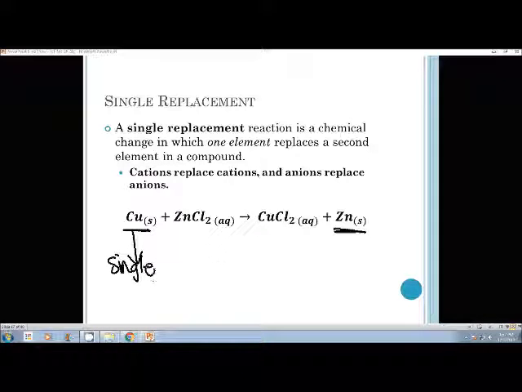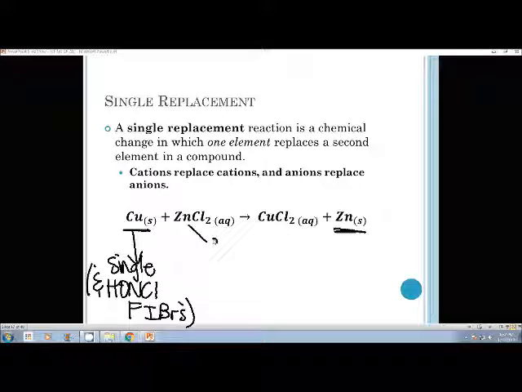So it could be like copper or aluminum or an element that's just by itself. Or it could be a diatomic element too, like hydrogen gas, H2, or something like that. Okay? The other reactant is a compound of some sort.